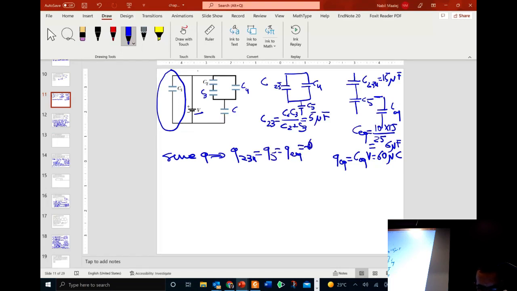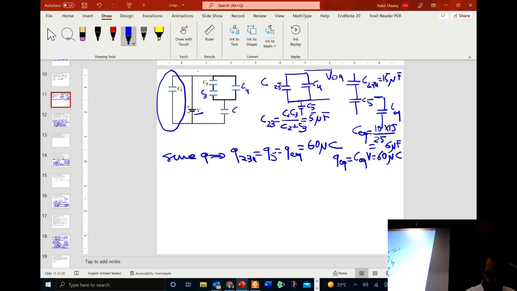So this is equal to 60 microcoulombs. Okay, so now I know the charge that is on C234. Since I know the charge, I can determine the voltage. So let me call this voltage here V234.